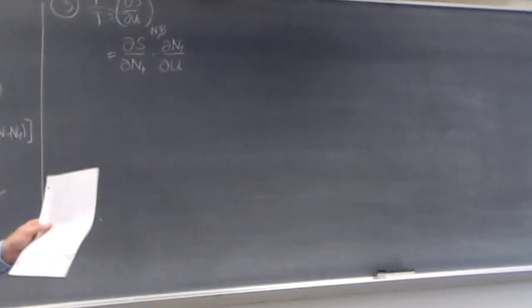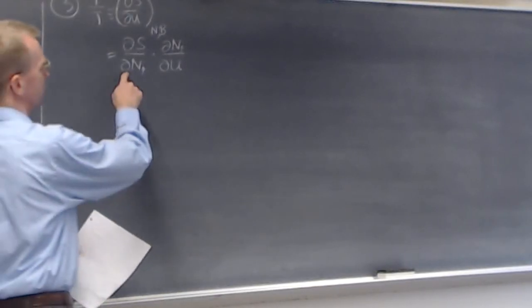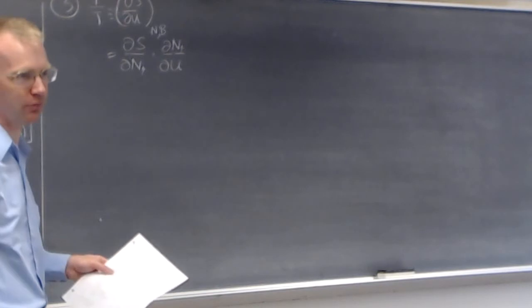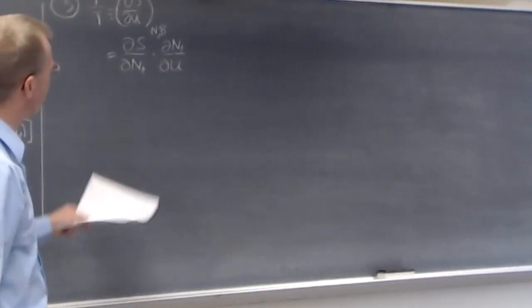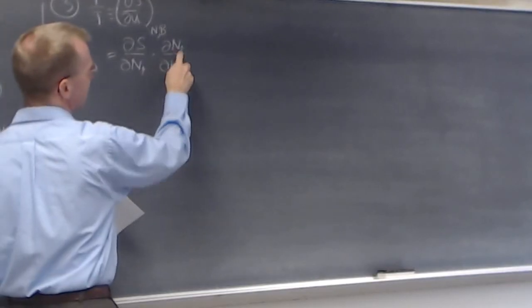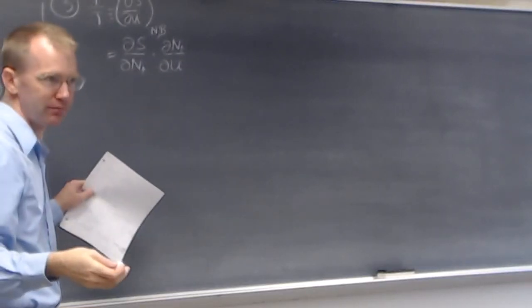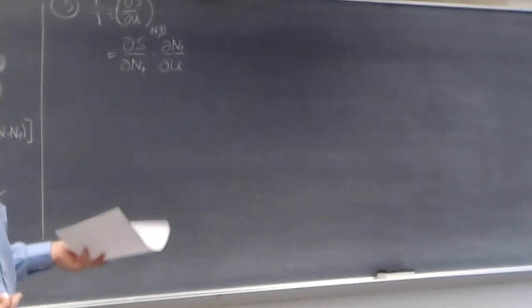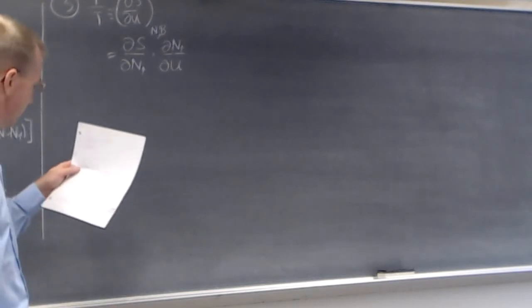Remember, if you're not sure if you did it correctly, just cancel out whatever that is above and below, and you get back what you had to get there. Okay, so this means I can find dn up by du very simply. And then the hard part is taking the derivative of s with respect to n up, which is not bad, it's just a bit tedious.